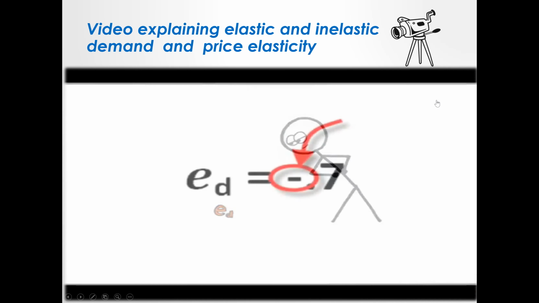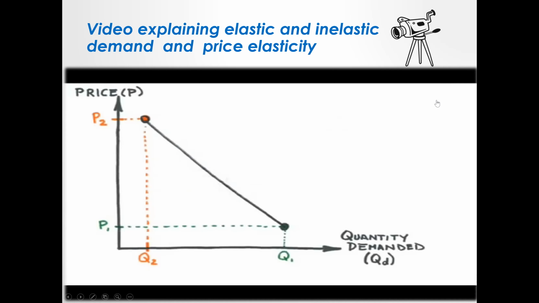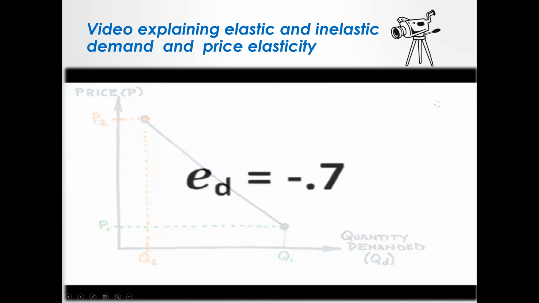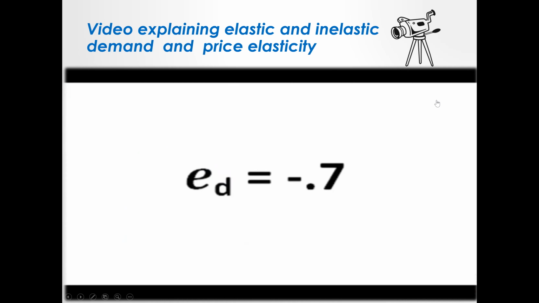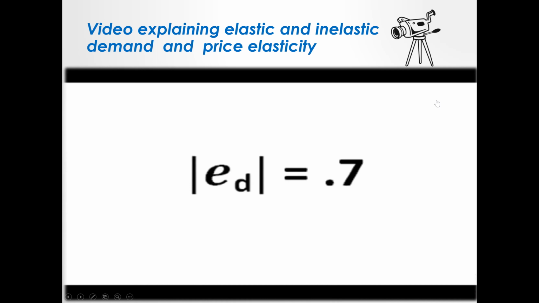The fact that the number is negative only signifies that demand is a negative, or inverse, relationship between price and quantity demanded. Since I care about the size of the elasticity number rather than the sign, let's make things easier and just look at the absolute value, or the size only, of elasticity of demand. In this example, the absolute value of the elasticity of demand is 0.7.